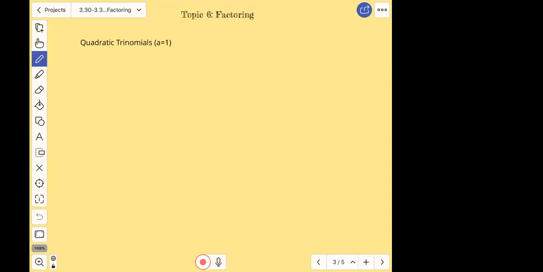So a quadratic trinomial just looks like this, where a, b, and c are the coefficients. So we have the squared term, the quadratic term rather. And then this is called the linear term, just because it's x to the first. And then this is just our constant.